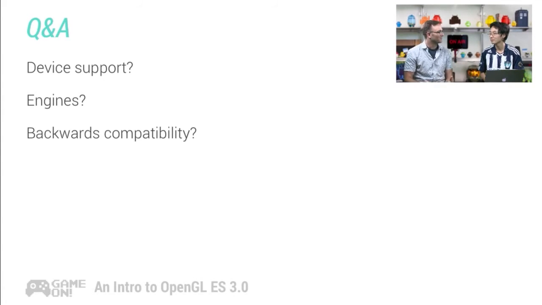If I'm a developer and I want to add some of these OpenGL ES3 techniques to my game, but at the same time I obviously want to support a large range of devices, what do I do with my code so that I can have an engine that looks really nice on the machines that support it, but doesn't crash on the ones that don't?